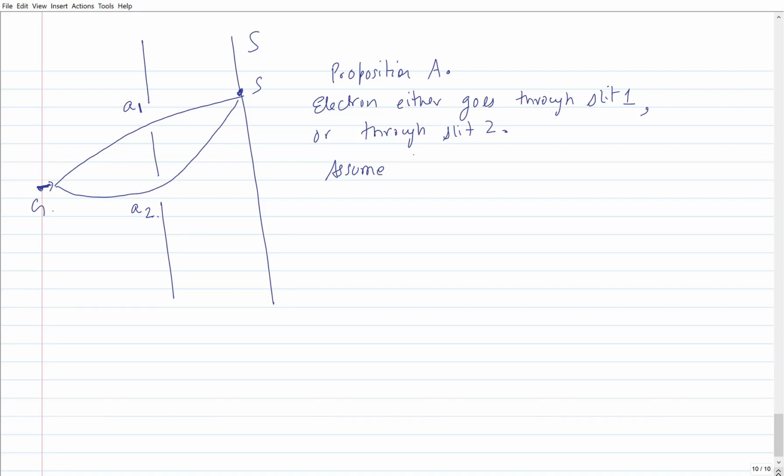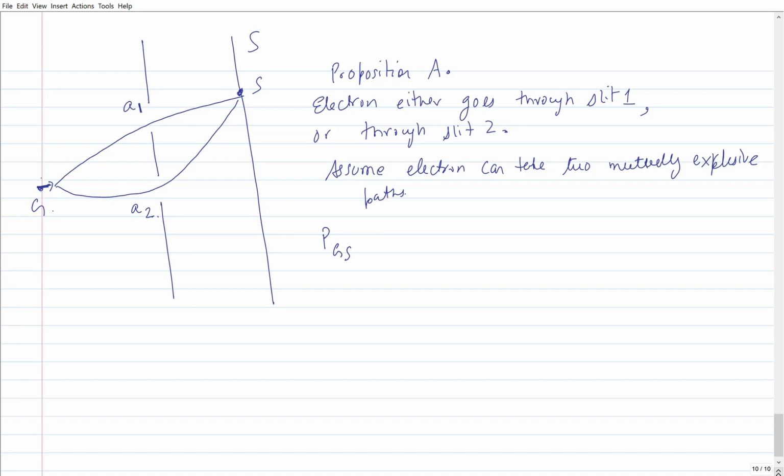So assume the electron can take two mutually exclusive paths. Well then, what is the probability GS?